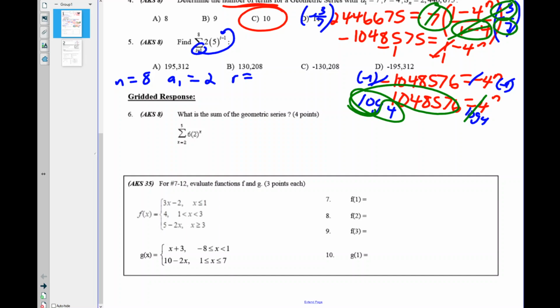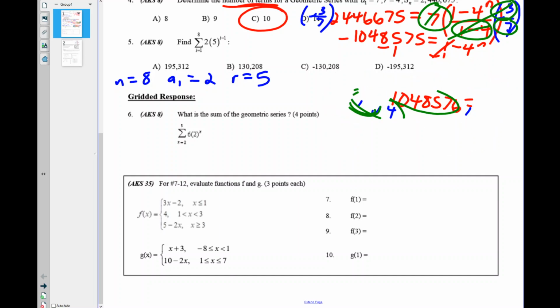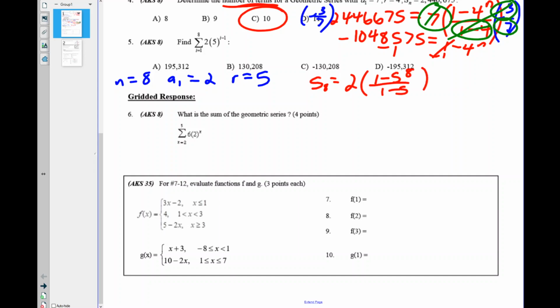That should be the easiest thing to identify in summation notation. What's the common ratio for number 5? 5. It's the base. So if you can get that far, now it's just a matter of substituting. The sum of these 8 numbers would be 2 times (1 minus 5 to the 8) over (1 minus 5).